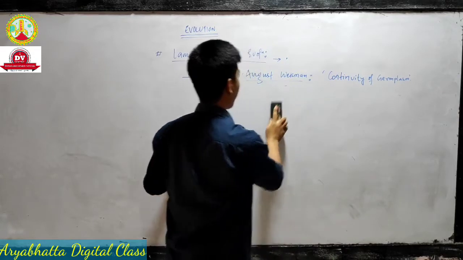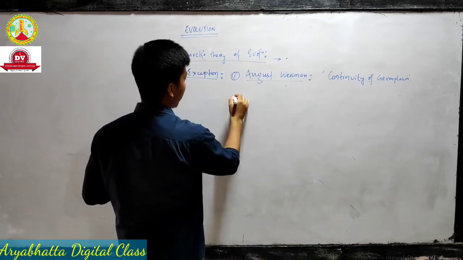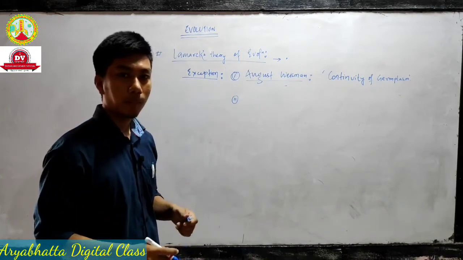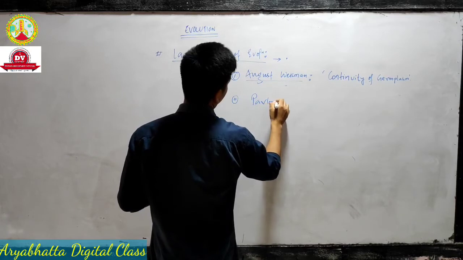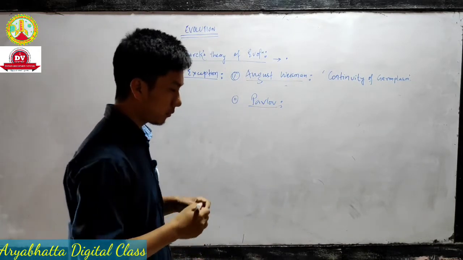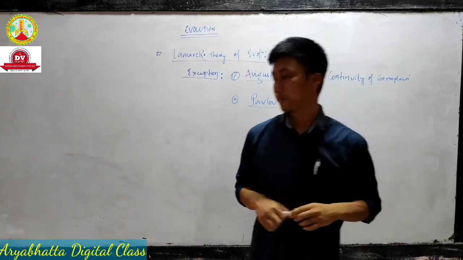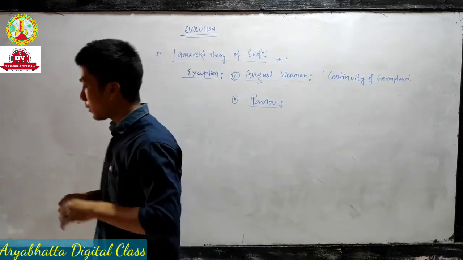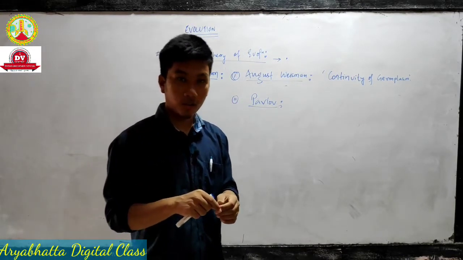There's one more scientist who goes against Lamarck's theory. The name of the scientist is known as Pavlov. What he did, Pavlov? Pavlov had a dog, okay?